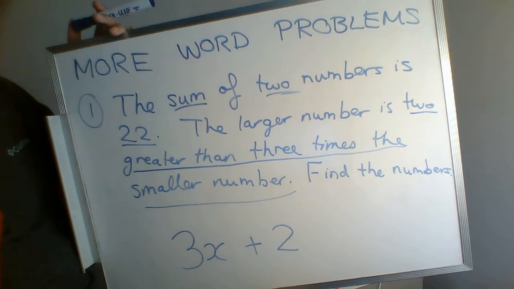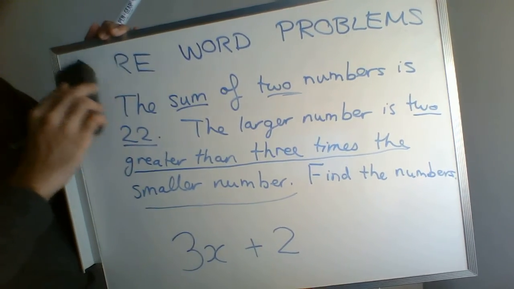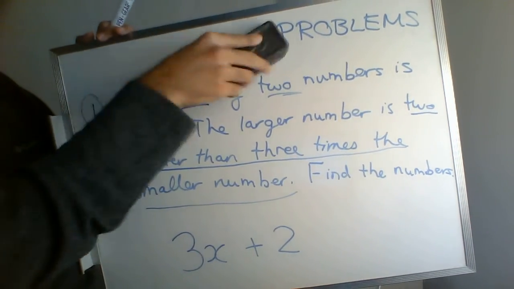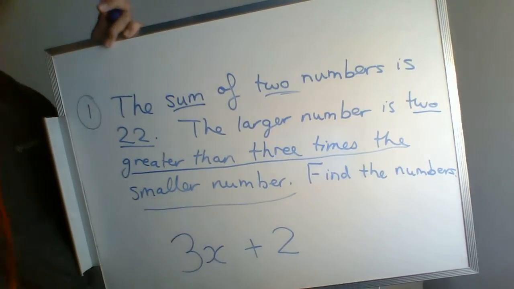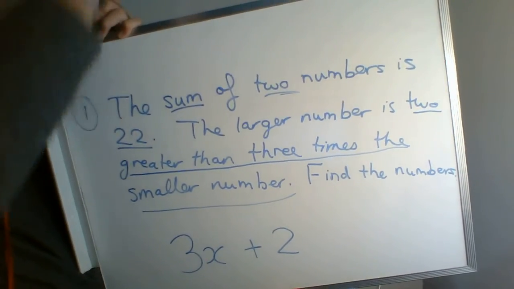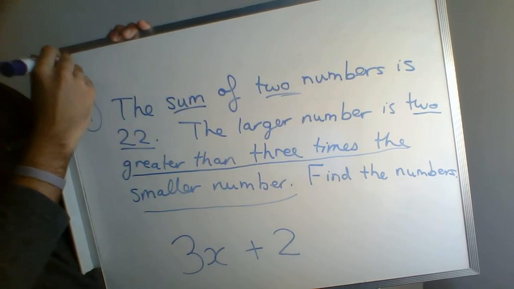Alright, so I'm going to get rid of our title here, and if you haven't written down the question in full yet, you can pause the video just for a sec so you can finish doing that. But we're going to start putting together our let statement.